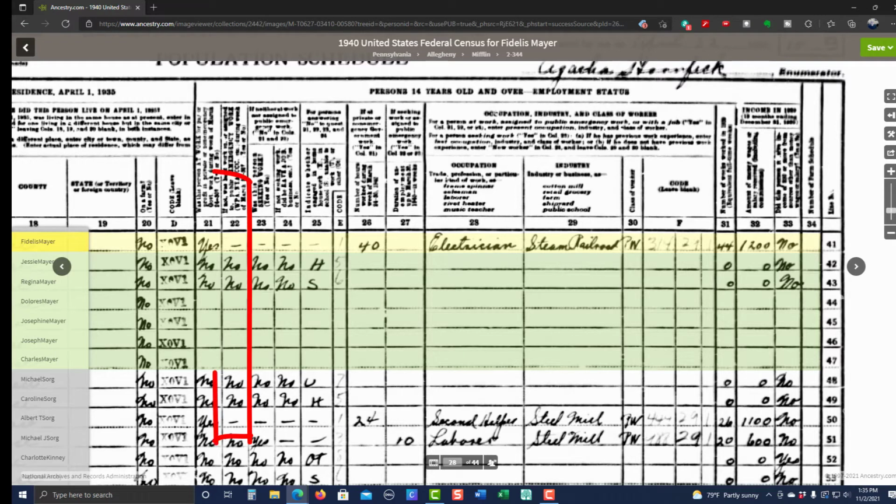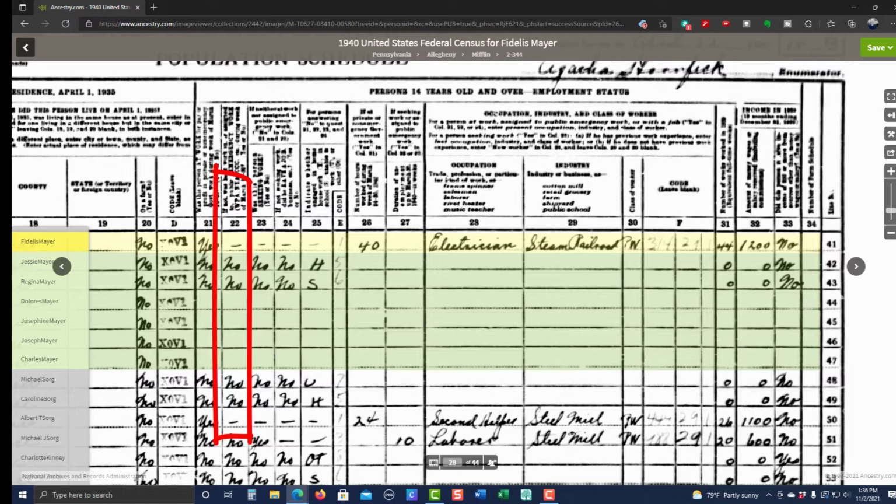Number 22 says if you answered no under column 21, was this person at work on or assigned to public emergency work, such as the WPA, NYA, CCC, etc., which were public work programs during the Depression? So were they doing any of this during the week of March 24th through 30th?